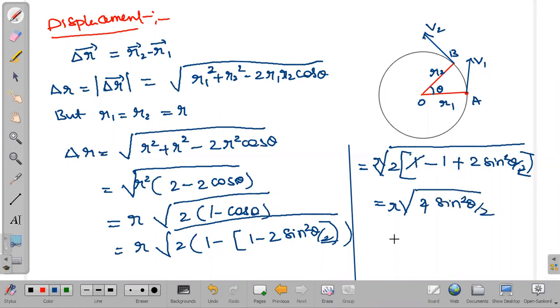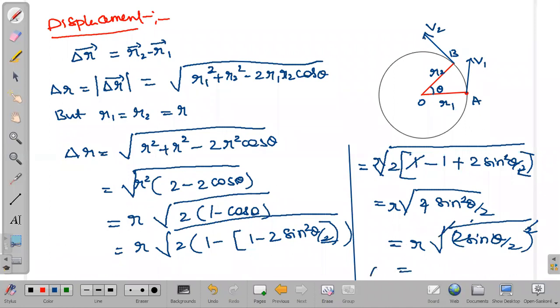Now what we can write: r into square root of 2 sine theta by 2, 2 sine theta by 2 whole square I can write. Now this square and this square cancel out, what is left out?